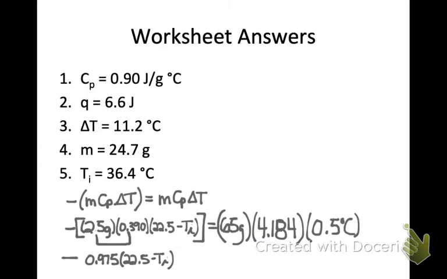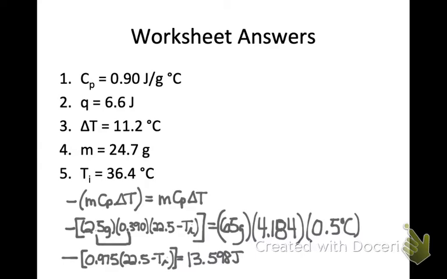Then I multiplied through everything on the other side and got 13.598, and that's going to be joules. Now I use the distributive property. Let me just put brackets around here so we don't get lost with that negative sign.